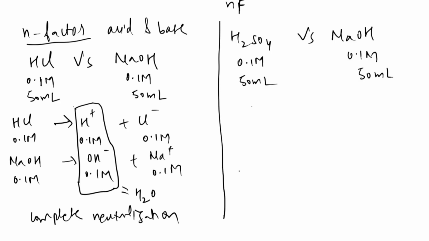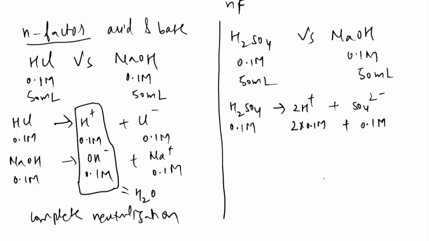Whereas in this case, we know that H2SO4 has 2 H plus ions. So this is going to give us 2 H plus ions plus 1 SO4 2 negative ion. What does it mean? If I'm starting with 0.1 molar of the H2SO4, this is going to give me 2 into 0.1 molar, that is 0.2 molar of the H plus ion and 0.1 molar of the sulfate. But NaOH would remain the same. This is OH negative ion plus Na positive ion.